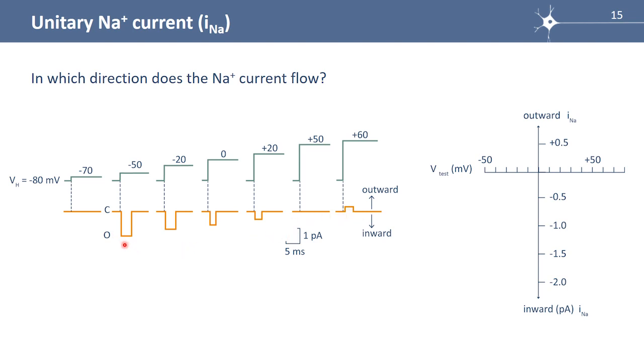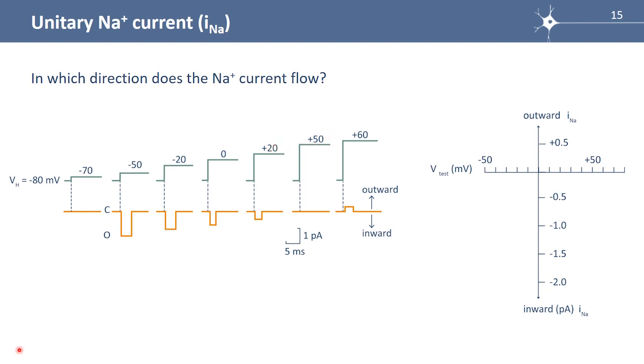When the potential is below plus 50 millivolts, the driving force is inward. And then it reverses because the equilibrium potential for sodium ions, as we have seen, is in between these two values, and the current goes in the other direction. This never happens in real life. In real life, the potential never goes above plus 20 millivolts.